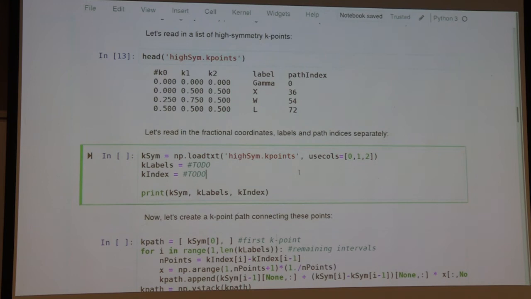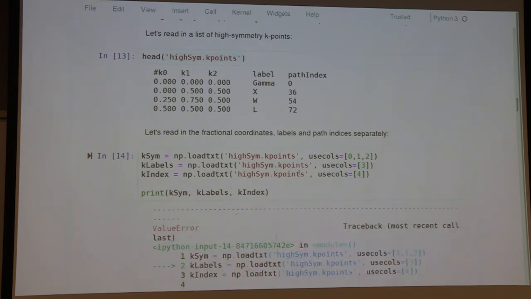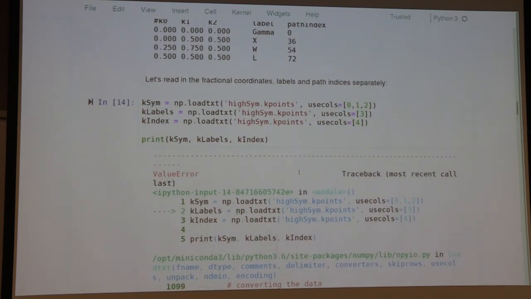I can similarly pick out the index by looking at column 4 and the labels by looking at column 3, except that by default loadtxt will only work with numeric data sets. For a non-numeric data set, I have to explicitly specify that I'm going to load strings.